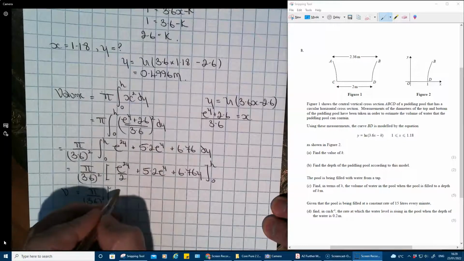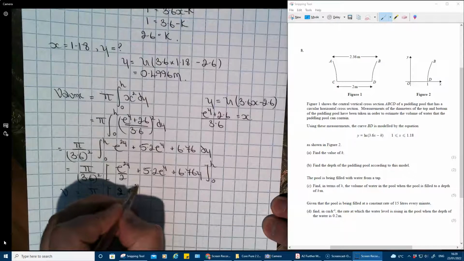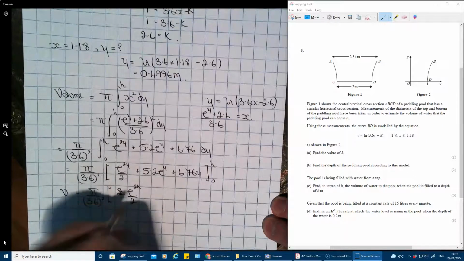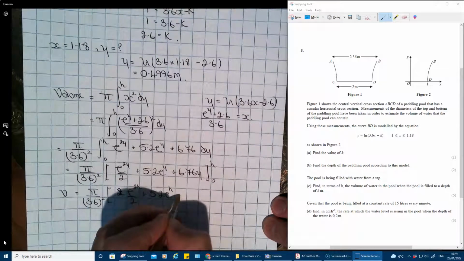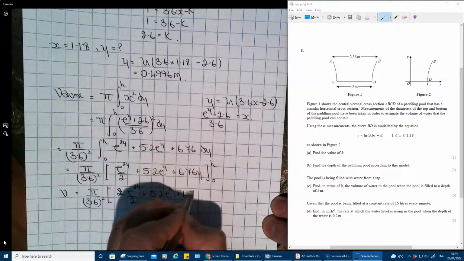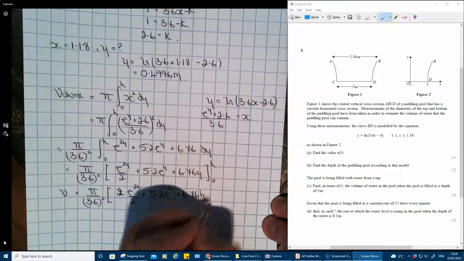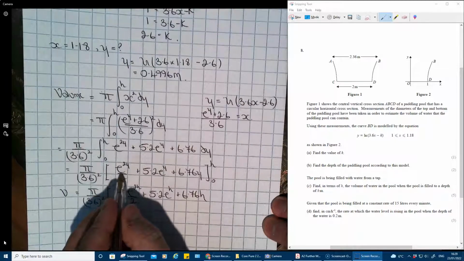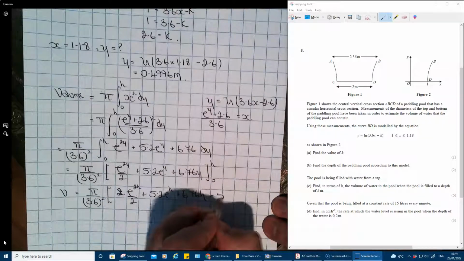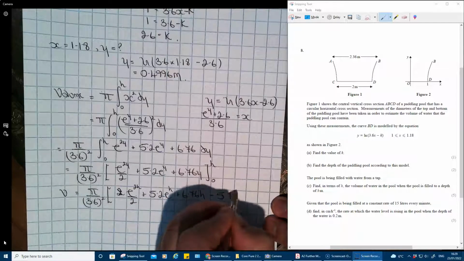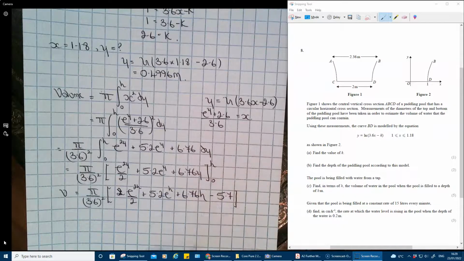For h in, we get e to the 2h over 2 plus 5.2 e to the h plus 6.76h. We put 0 in, we get take away a half and take away 5.2, so take away 5.7.